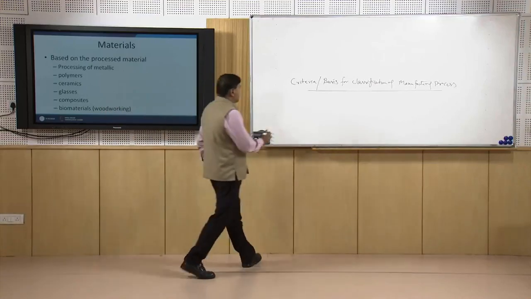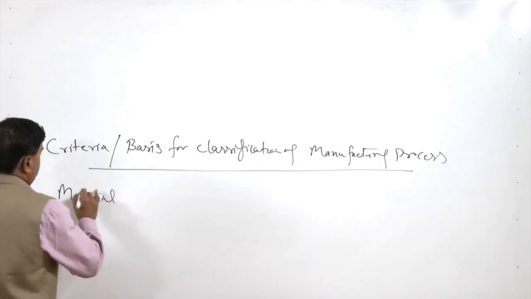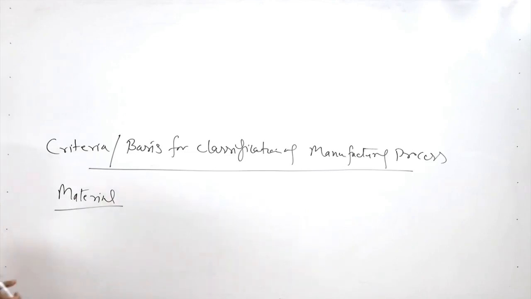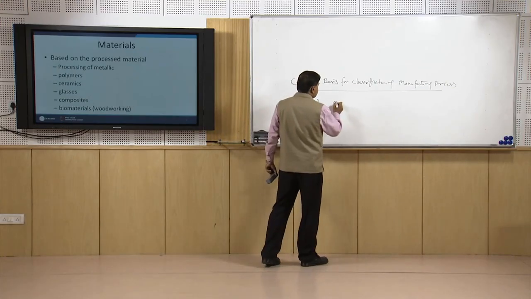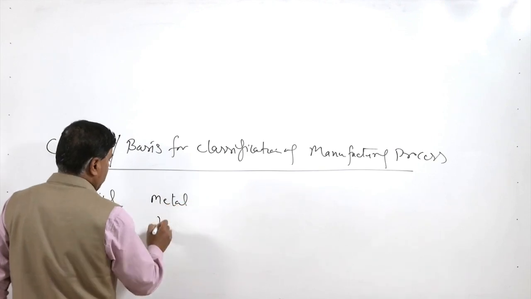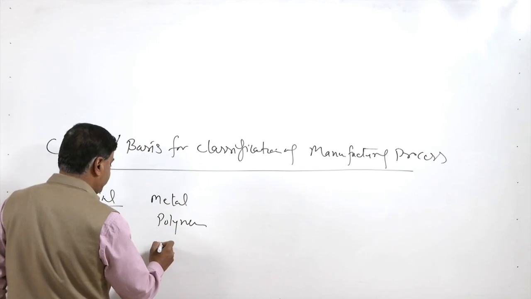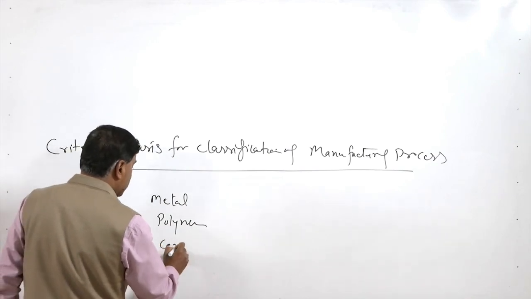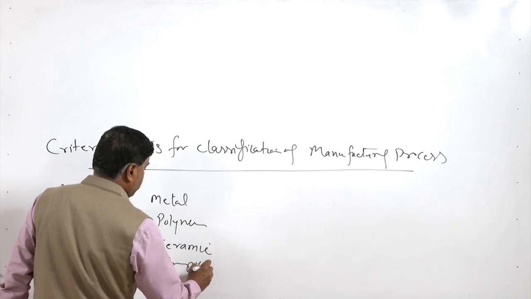Second is the material, the kind of material which is being used for processing purpose. So, here we will see if it is metal or polymer or ceramic or composite.